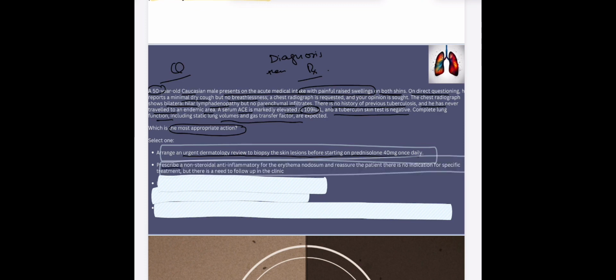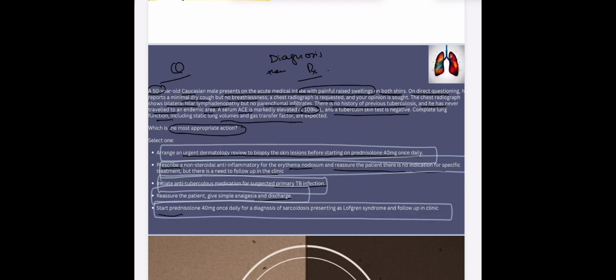Is it prescribe NSAIDs for erythema nodosum and reassure the patient there is no indication for a specific treatment but there is a need to follow up in clinic? Initiate anti-tuberculous medications for suspected primary TB infection? Reassure the patient, give simple analgesia and discharge? Start prednisolone 40 mg once a day for a diagnosis of sarcoidosis presenting as Lofgren syndrome and follow up in clinic.